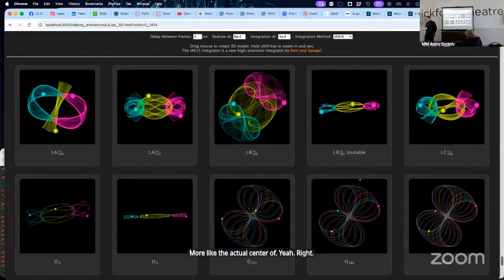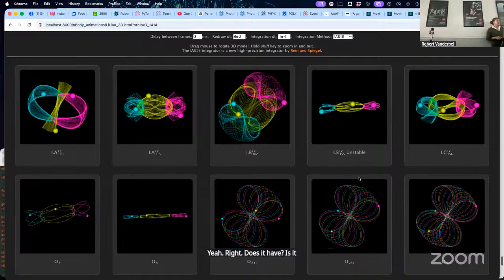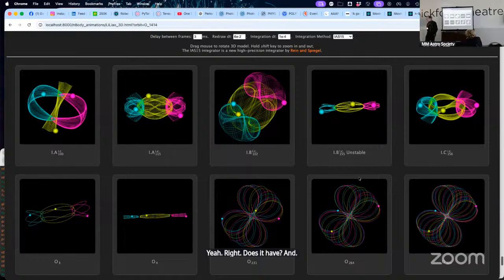Center of mass is a thing, and we want the center of mass not to move. So that's part of the structure. So that's basically the whole design. Yeah. The other question, yeah.